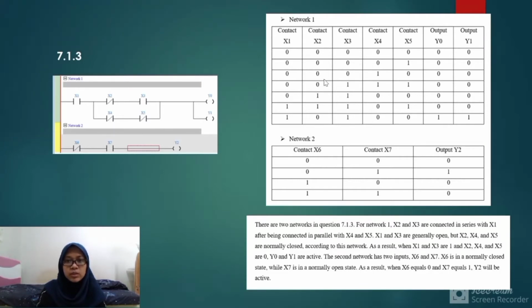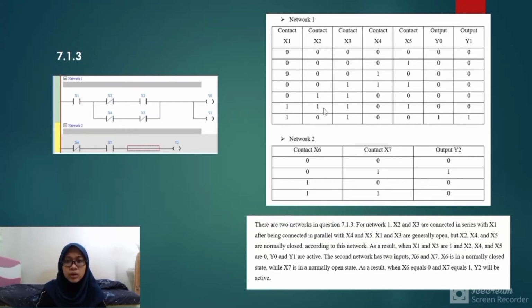When it's 0, 0, 0, 1, 0, the output of Y0 is 0, output Y1 is 0. For 0, 0, 1, 1, 1, the output Y0 is 0, the output Y1 is 0. For 0, 1, 1, 0, 0, output for Y0 is 0, for Y1 is 0.